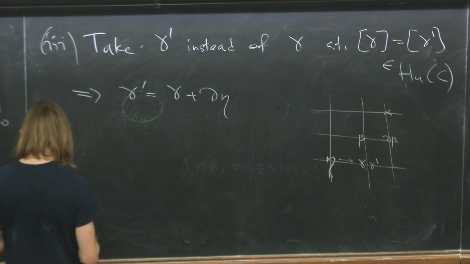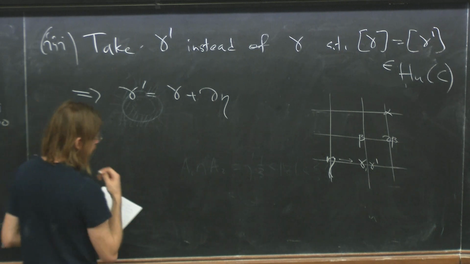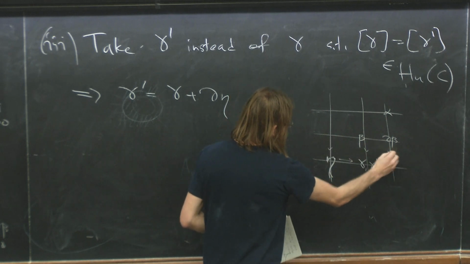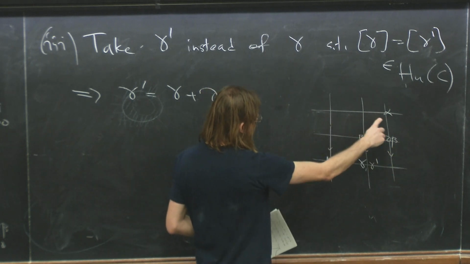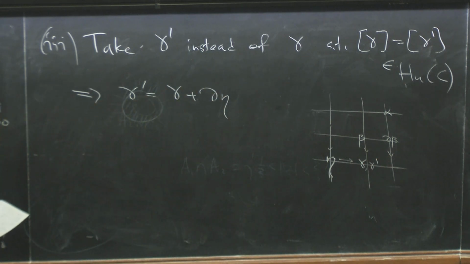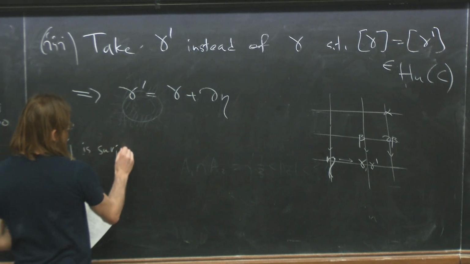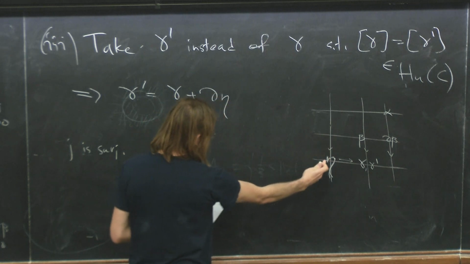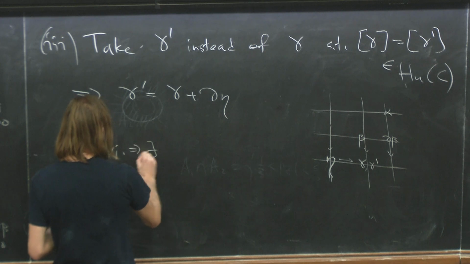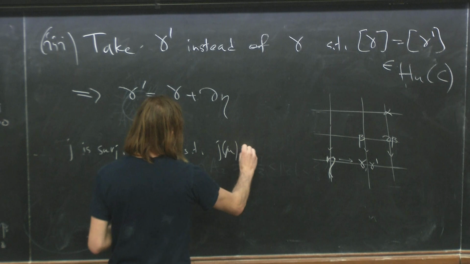Okay, and now let's use that we know these maps here are surjective. Let me remind you, these maps are injective and these maps are surjective in our setup. So J is surjective. So in particular, we can always find the preimage of this eta: there exists mu such that J of mu equals eta.